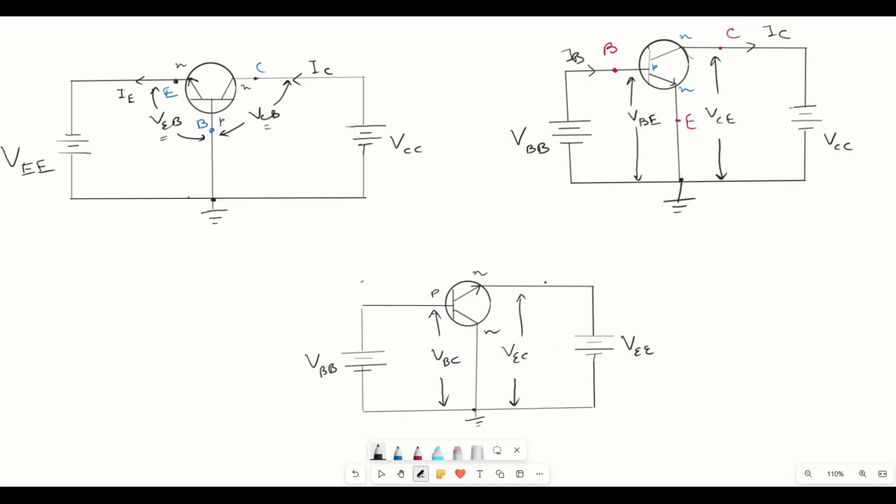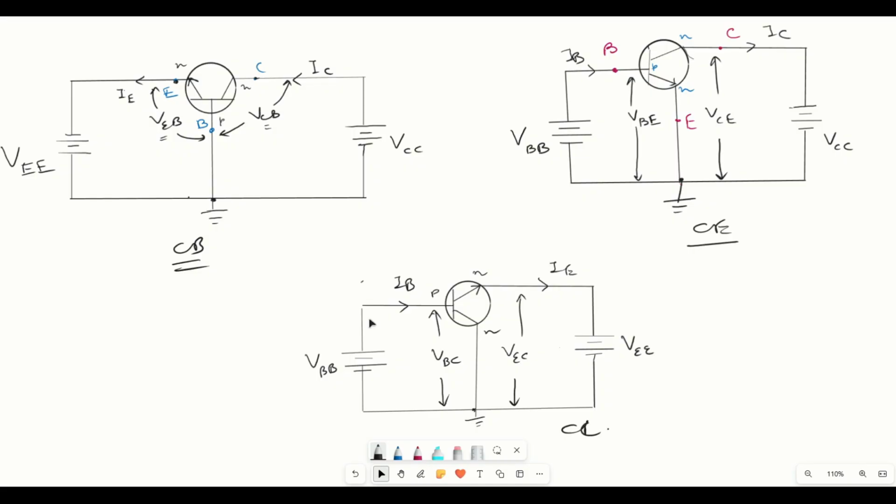Okay, and the currents are IE, and this is IB. Okay, so this is common base configuration, this is common emitter configuration, and this is the common collector configuration.